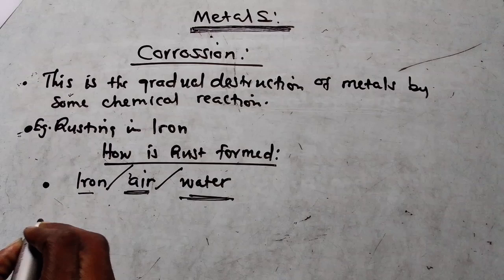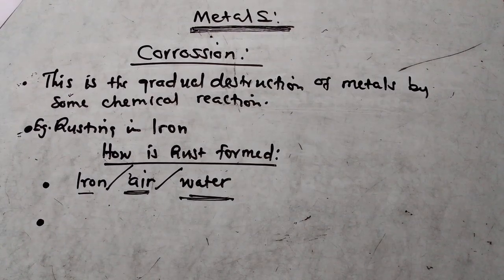Now the chemical formula for rust is hydrated iron 3 oxide.